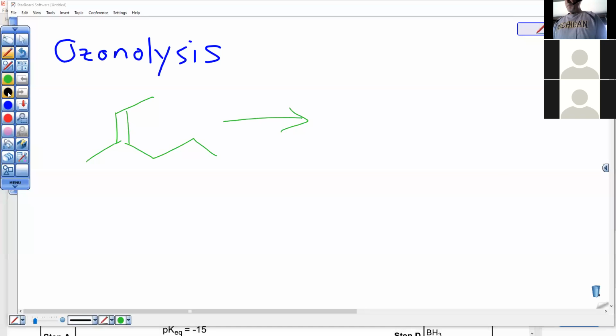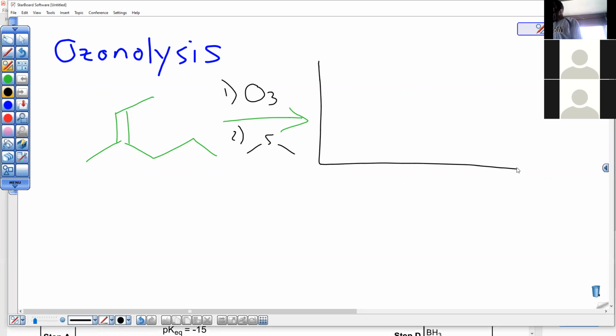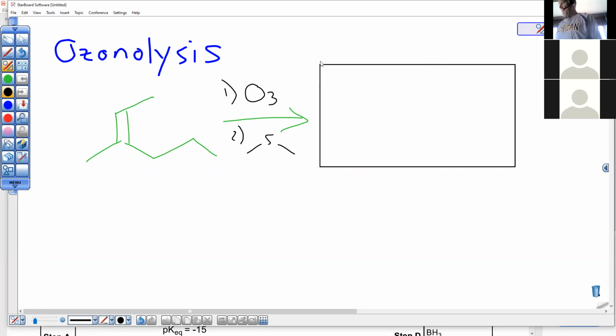In the first step, we treat it with ozone, O3, and step 2, dimethyl sulfide, which you'll see shown many ways. One way is to just show that. The question here would be to predict the product or products, so we've got a product prediction box.